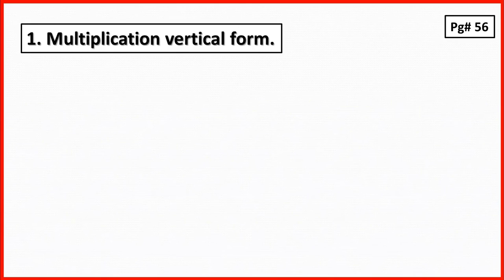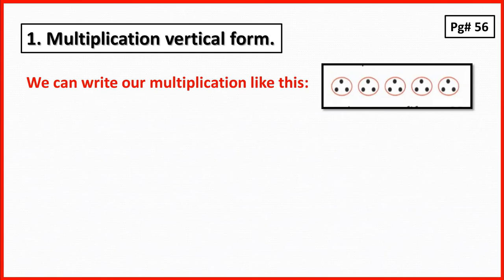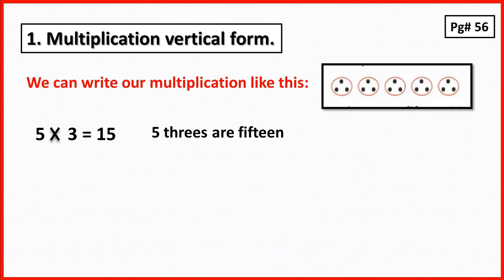Now I am going to do page number 56, multiplication in vertical form. We can write our multiplication like this. 5 3s are 15.